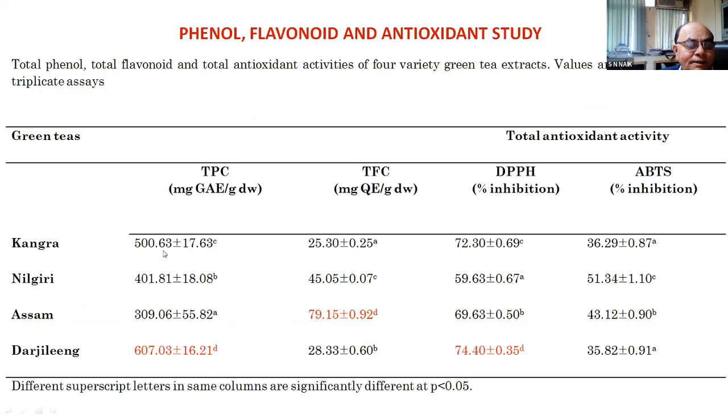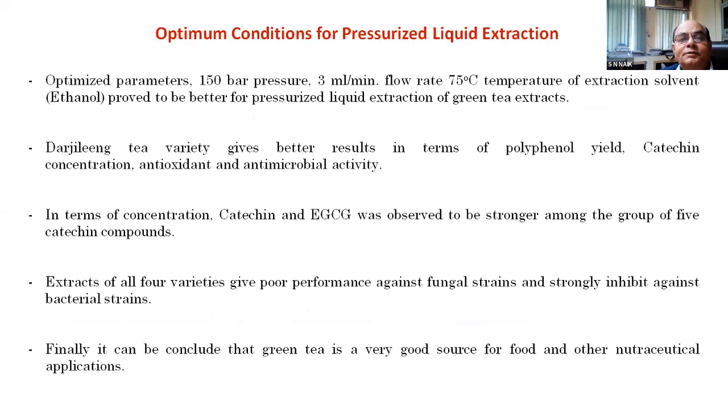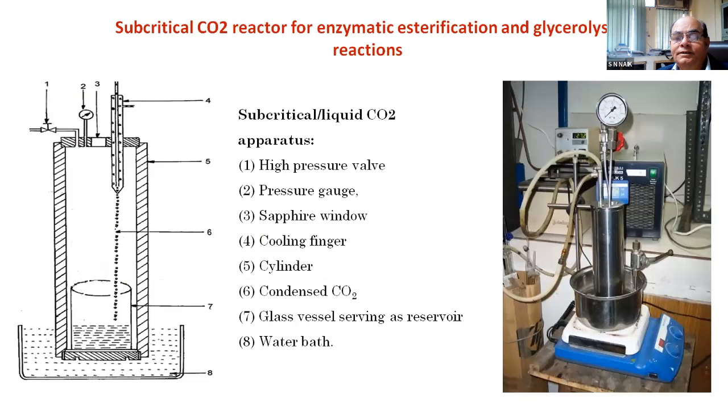The second one is Kangra, then third is Nilgiri, and fourth is Assam. For green tea we prefer Darjeeling and all that. So basically, the optimum conditions we optimized by flow rate, pressure 150 bar and 75 degrees.